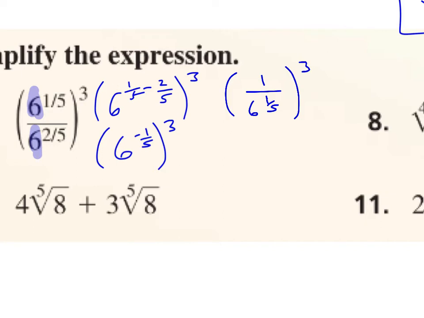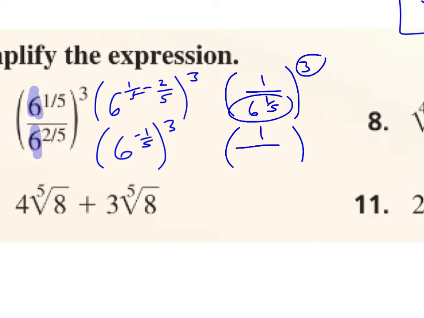What do we do next? Then we just cube it. So we can say 1 cubed is just 1, because 1 times 1 times 1 is 1. And then how do we do 6 to the 1/5 cubed? What do we do when we have an exponent raised to an exponent? Multiply them.